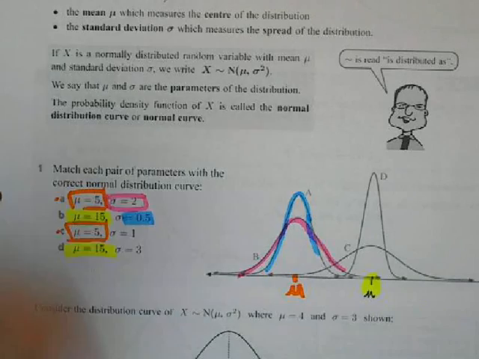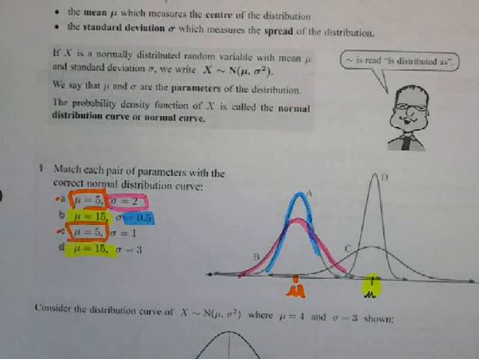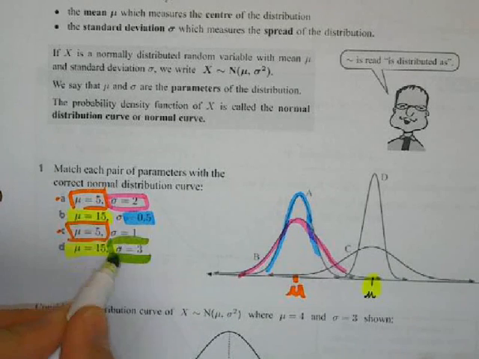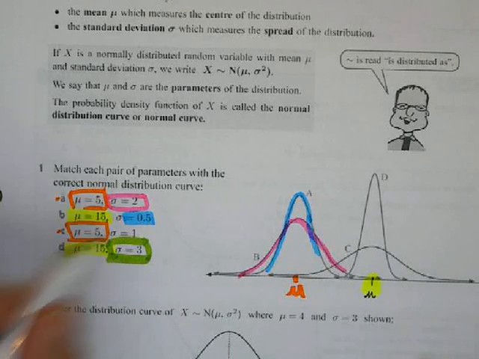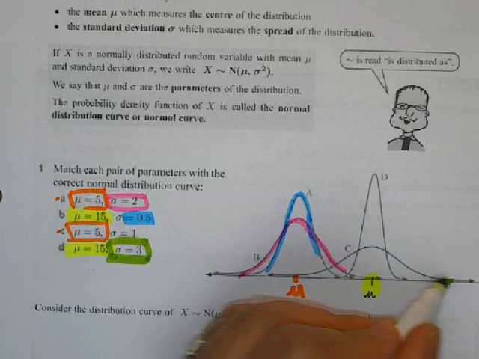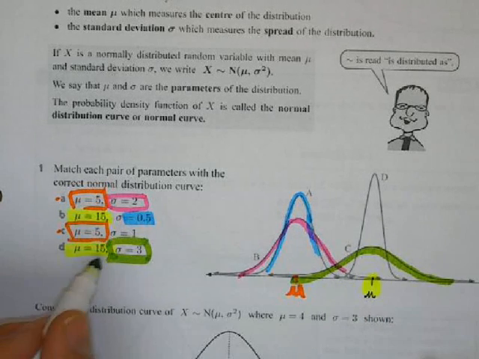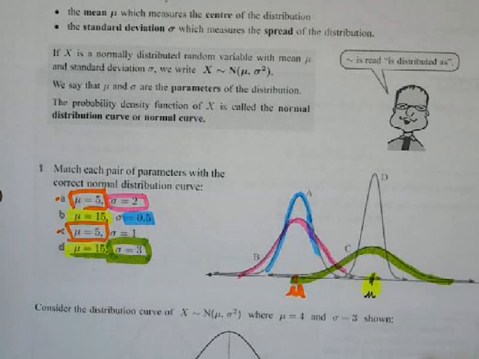Okay, and let's look at one more. This one has a standard deviation of 3, so that's even bigger, so the spread is going to be even bigger. Okay, and then the mean was right there. So you may want to print this. I think it's a really good resource.